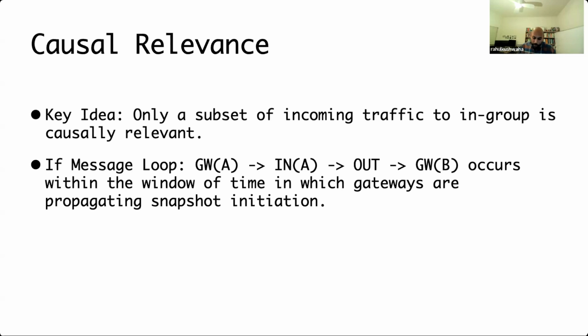Meanwhile, there is a message that goes from inside to outside and comes back. It sees a gateway with snapshot on, and then it sees a gateway with snapshot not on. And this happens because the time duration during which the snapshot has to propagate to all the gateway machines can take some time. So if this happens, then our snapshot is not consistent.